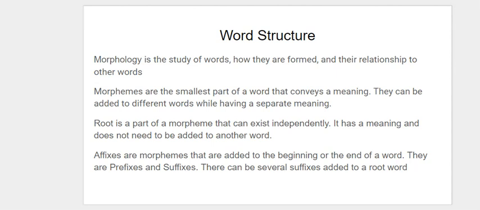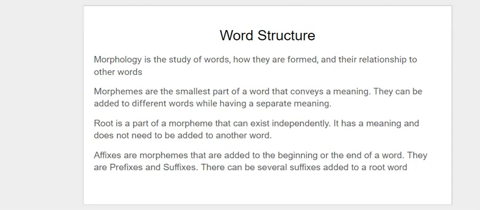A root word can exist all by itself, and it has a meaning. It doesn't have to be added to another word because it has its own meaning. Affixes are prefixes and suffixes, and they are also morphemes.